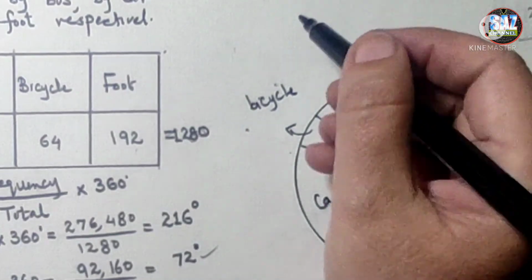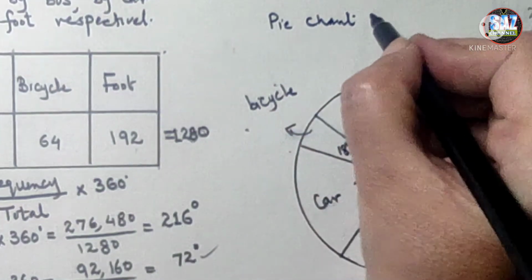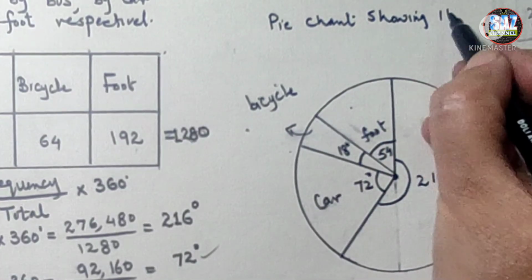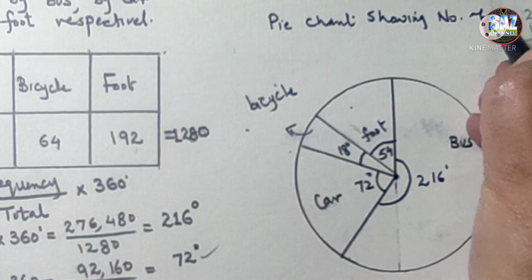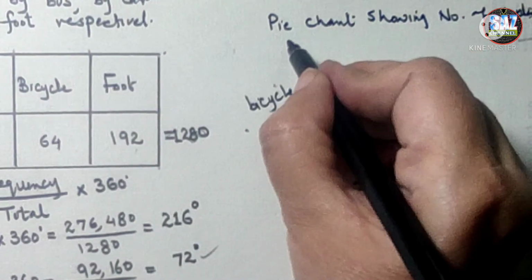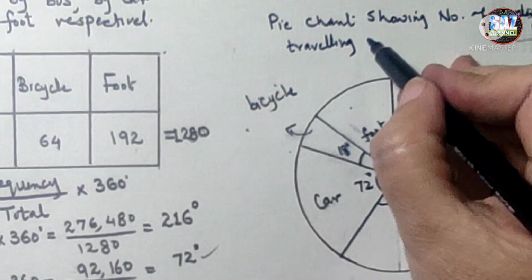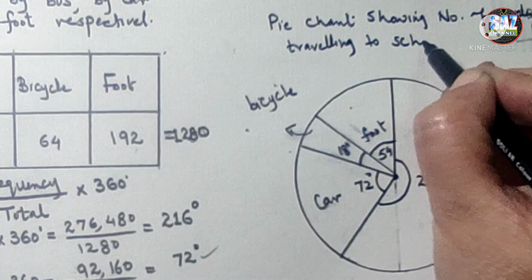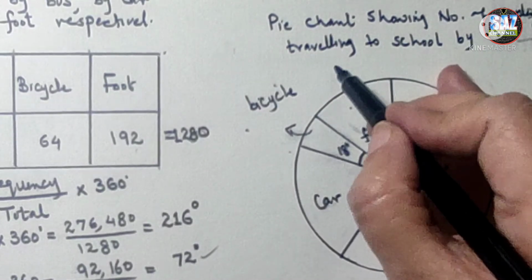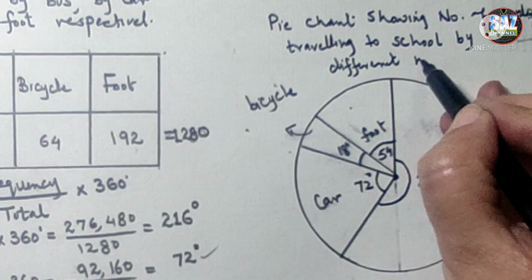So, pie chart or pie graph showing the number of students traveling to school by different means of transport.